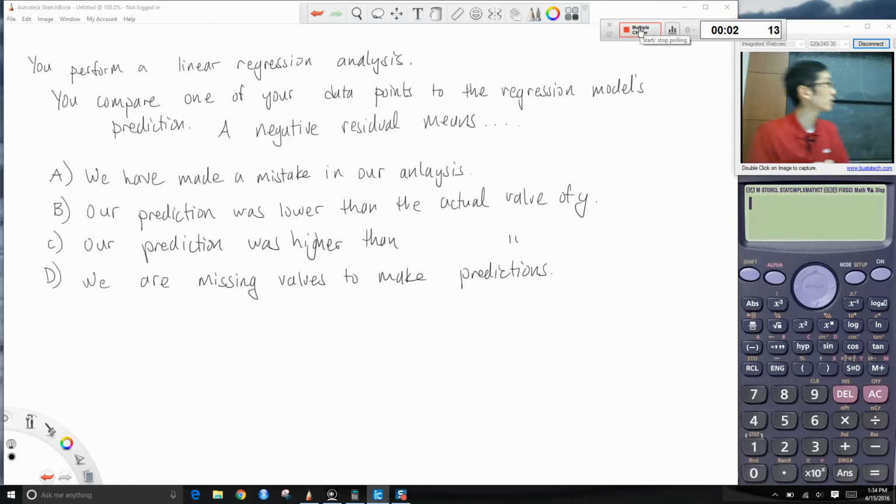This is the question of what a negative residual means when you compare one of your data points to the regression model's prediction.